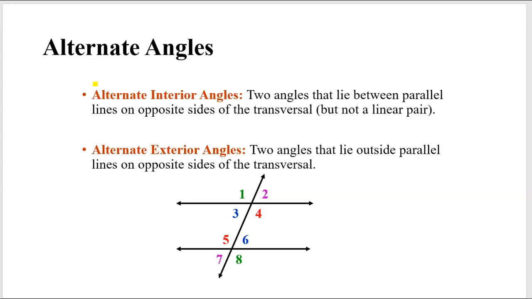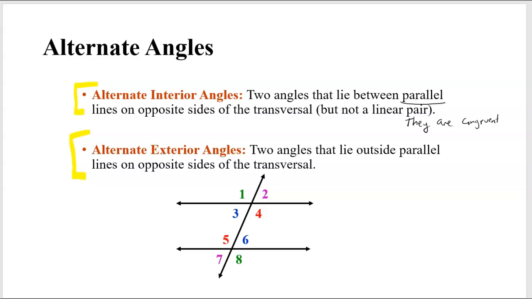Okay, so go ahead, copy that down. Alternate interior angles are two angles that lie between parallel lines on opposite sides of the transversal, but again, they're not a linear pair. The second we add the word parallel, that means that they are congruent.